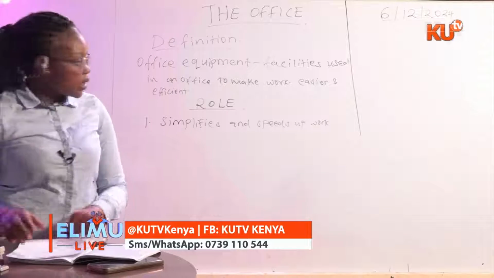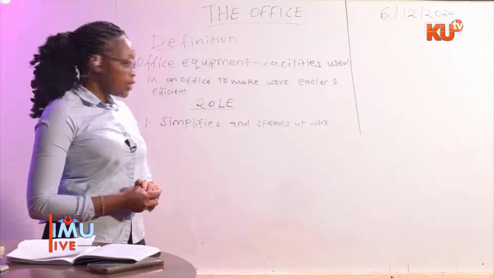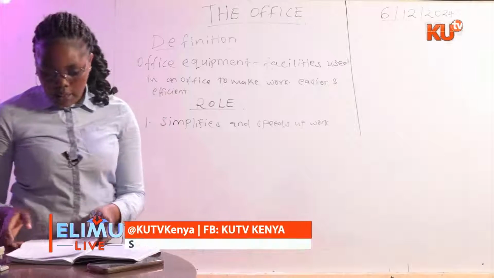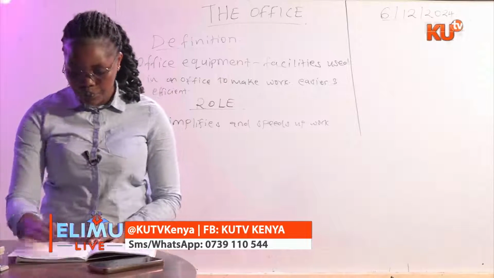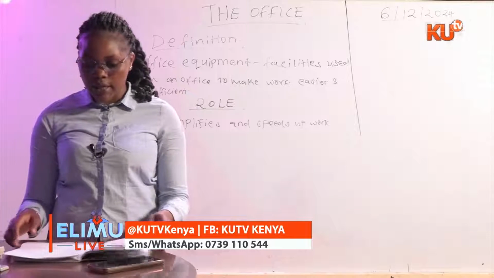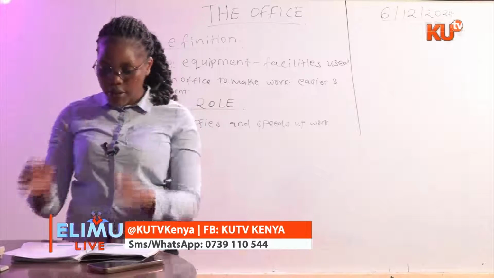So that is it on the roles of the office equipment. That's all we have. I believe we've all gotten them right, unless there is a question before we proceed.